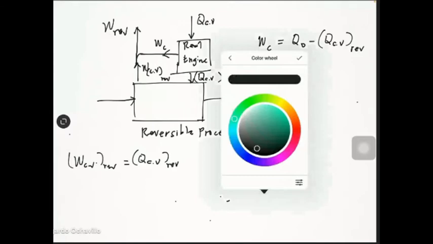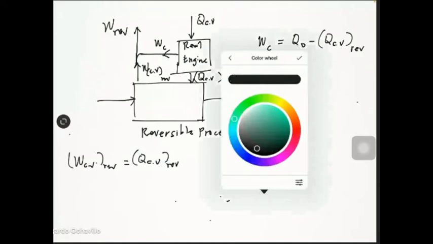Okay, so we substitute that in our equation for WC. WC here is T0 times the integral from 0 to T of QCV over T, reversible again, dT, minus QCV reversible.